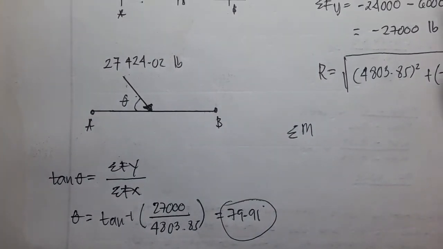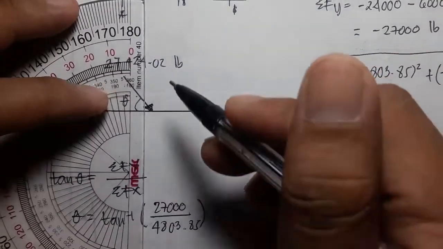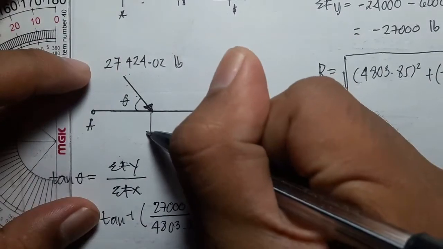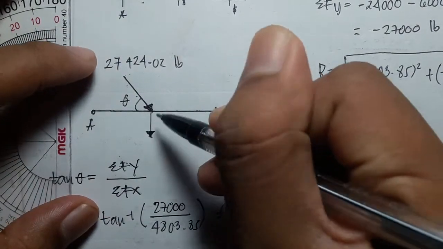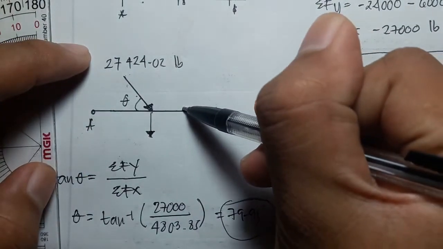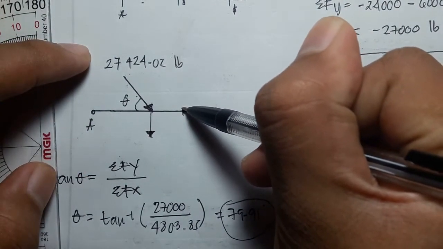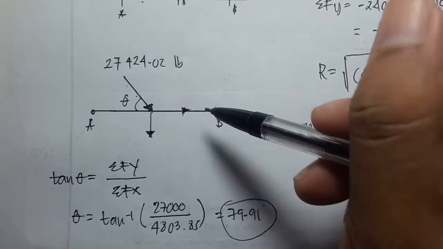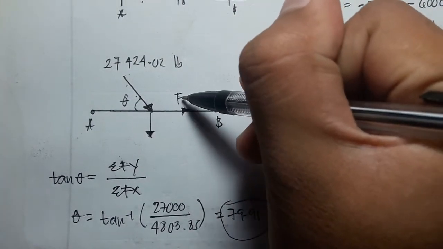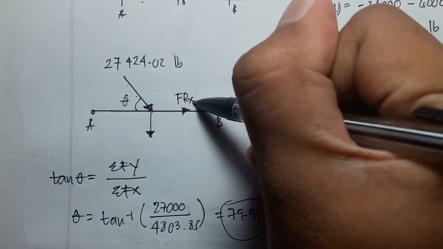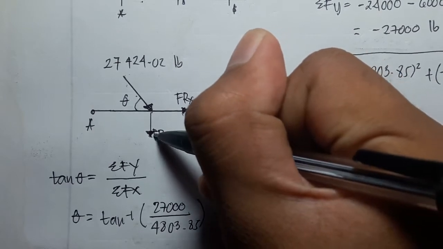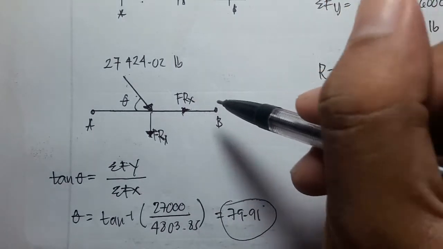Now, if we sum up moment, this is the y component of the resultant, and this is the x component of the resultant, FRx and FRy.